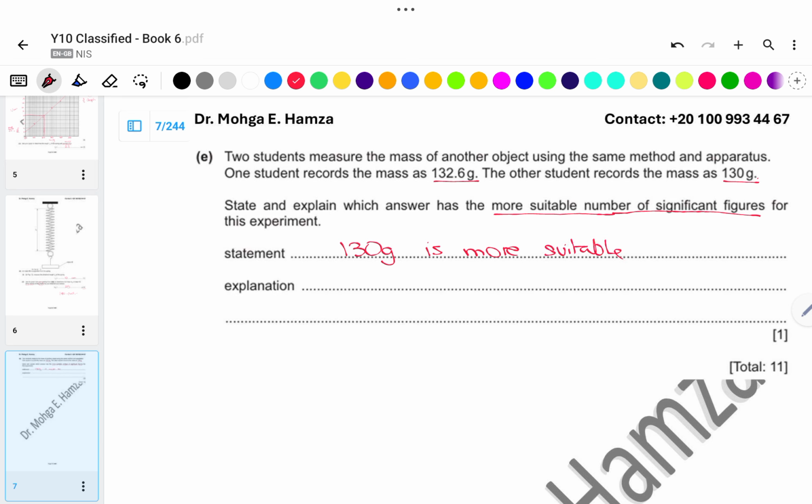Because the data values in the table above have less significant figures.